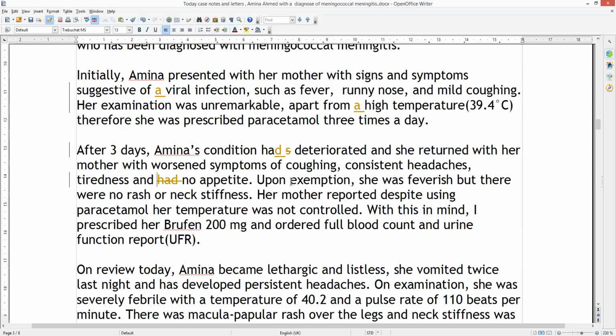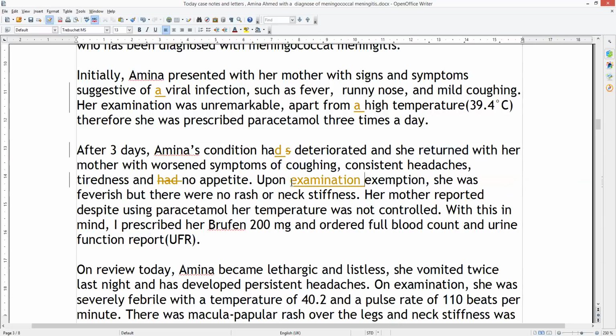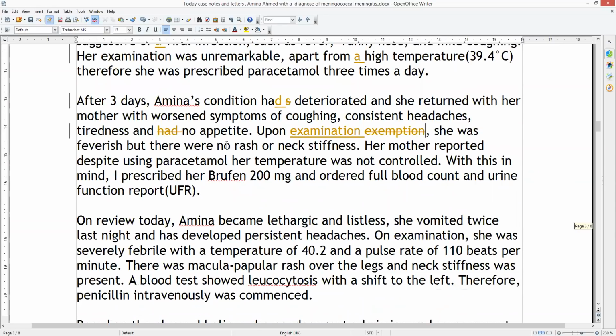Now, I think you mean upon examination, not upon exemption. I don't think that's the right word at all. Upon examination. Exemption means something else. She was feverish, but there were no rash, but there was no rash.